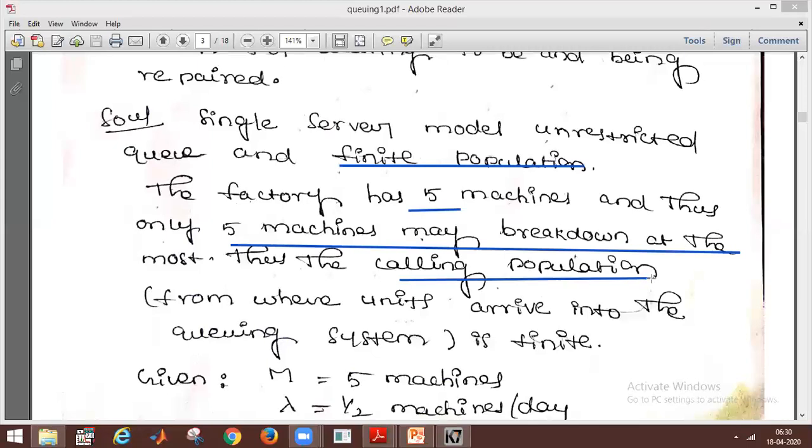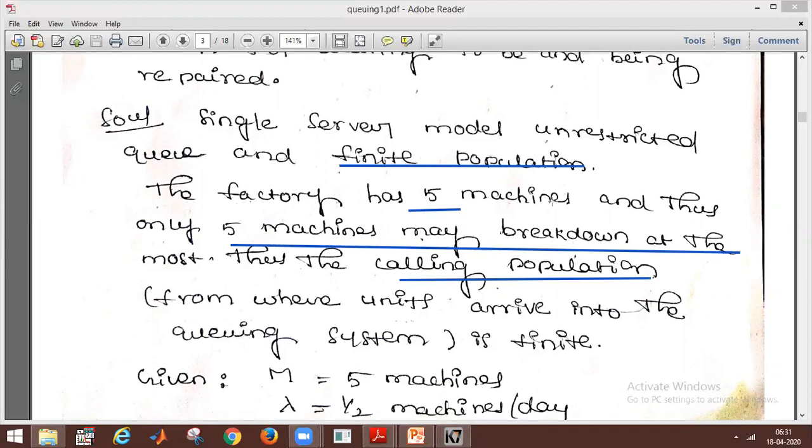Here m is defined as 5 machines, that is m is equal to 5, and lambda is equal to 2 machines per day.